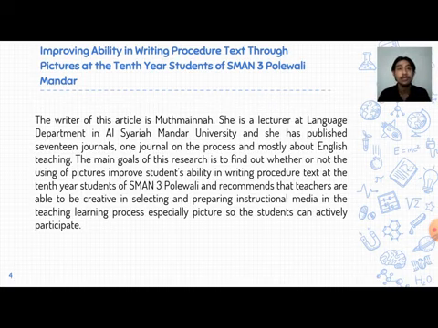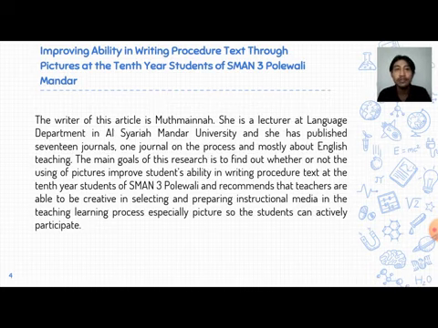She is a lecturer at the language department at Sulawesi Barat University, and she has published 16 journals, mostly about teaching English.